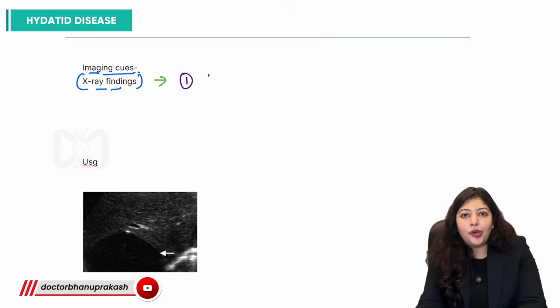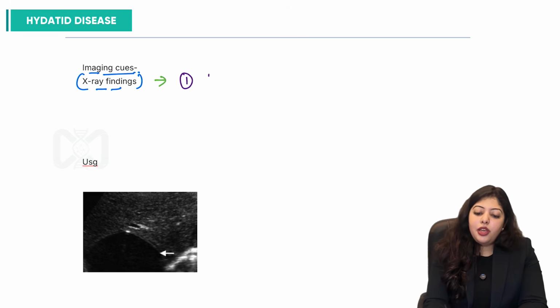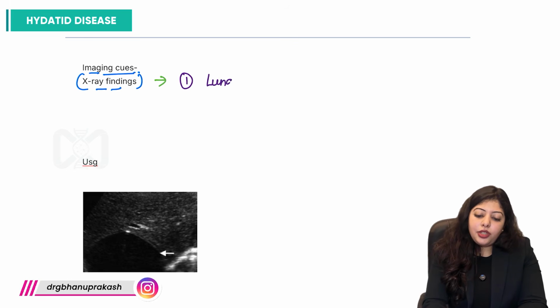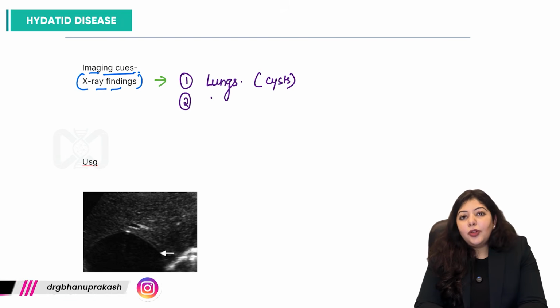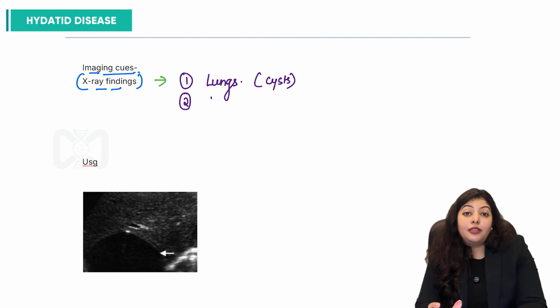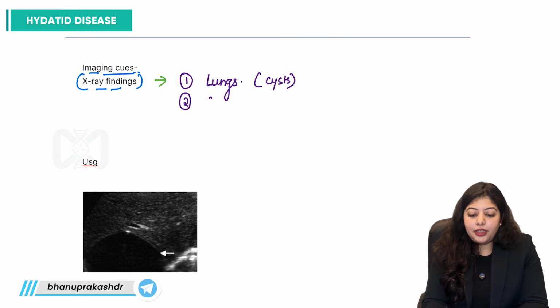We first need to rule out whether it is just the liver which is most commonly affected, or whether the lungs are getting affected too. So firstly, they detect the presence of cysts in lungs, and secondly, if it lies for a very long time, the structure might get calcified. So X-ray also helps us find out whether there are any calcifications.